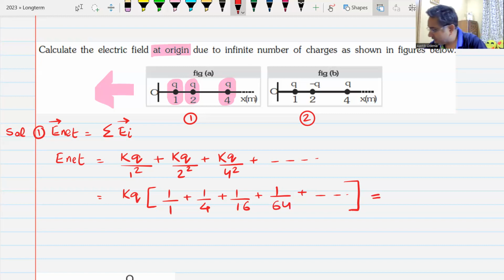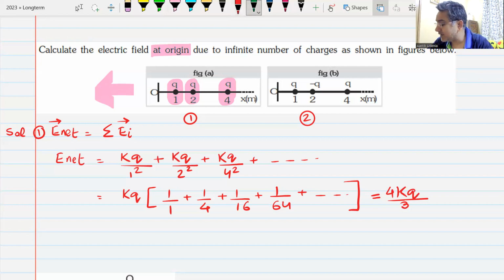Do you remember that formula? A upon 1 minus R, where the terms are A, AR, AR square, AR cube. So the answer for the first one is 4kq by 3.